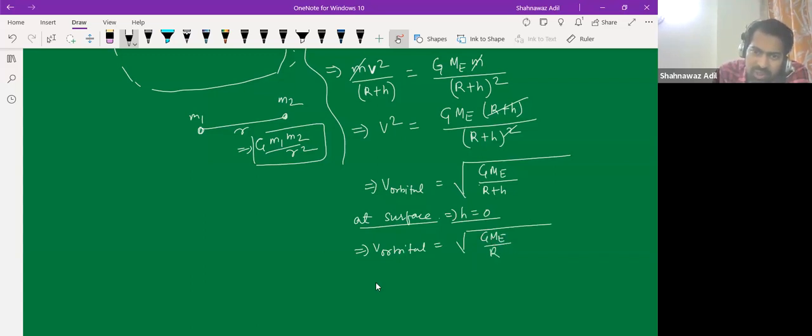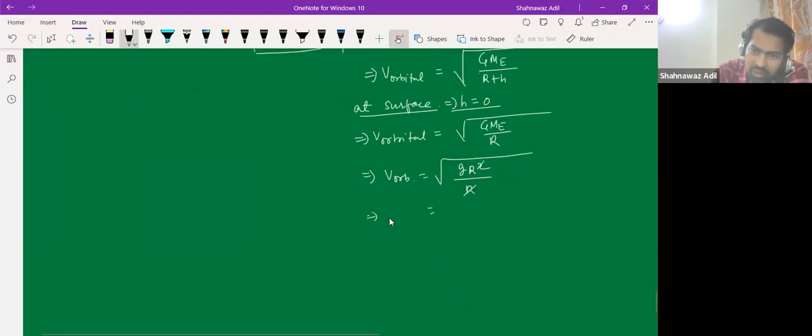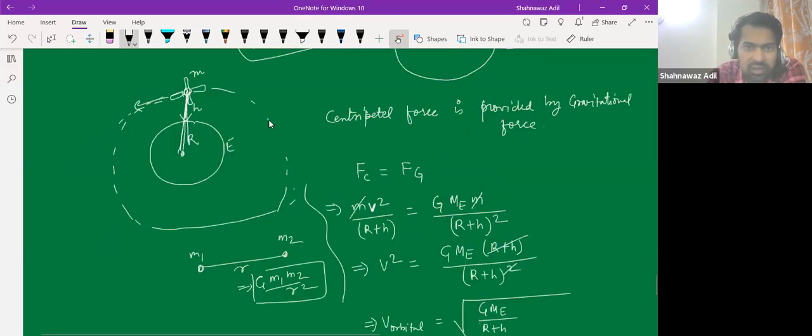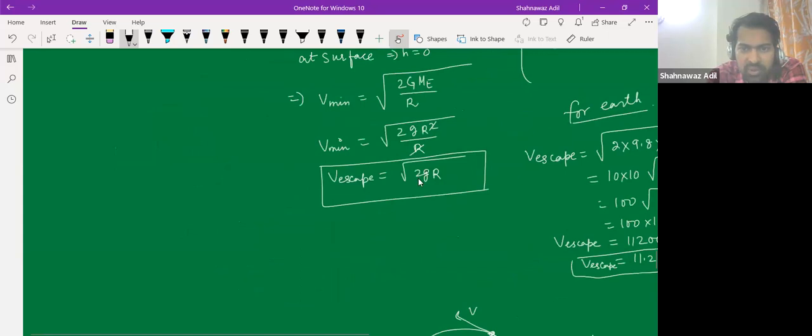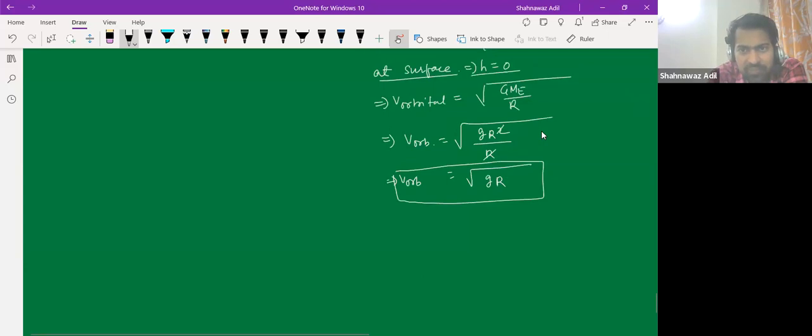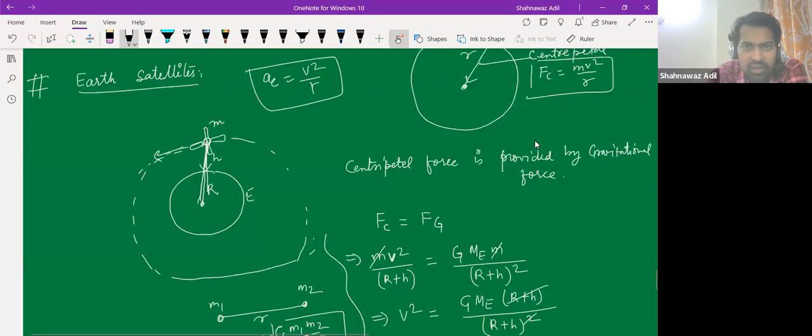We know that G M E is g r square, so v orbital is root g r. You saw that escape velocity was root 2 g r, and orbital velocity is root g r.